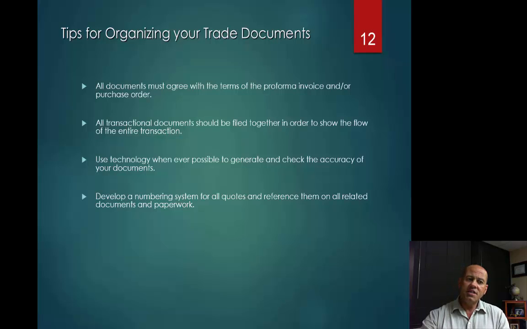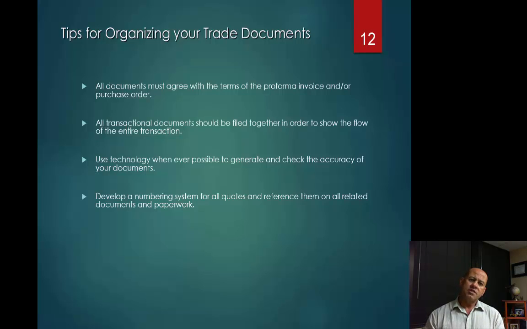It's also a good idea to use different types of technology to organize your documents. Particularly with cloud applications, it's a lot easier now to transmit documents, make them uniform, and create templates, whether it's something as simple as Excel or something as advanced as a large platform or ERP system that actually generates your international documents.